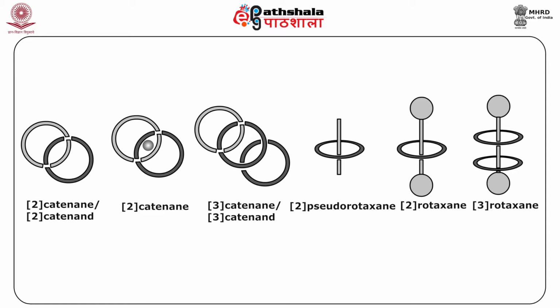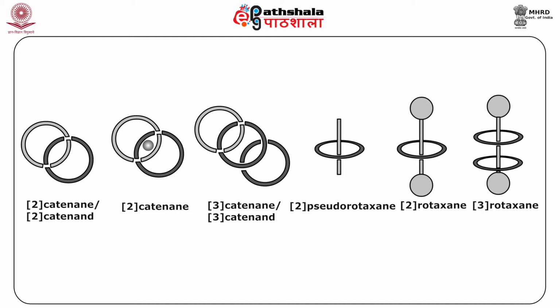Now here I would like to tell you, students, that apart from the name catenane, the terms n-catenand and n-catenate are also analogous to crown ethers, which are named as cryptands and cryptates for a metal center, that is, they can encapsulate a metal inside their cavity.